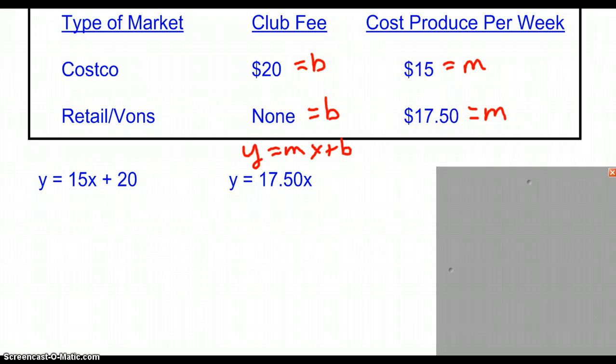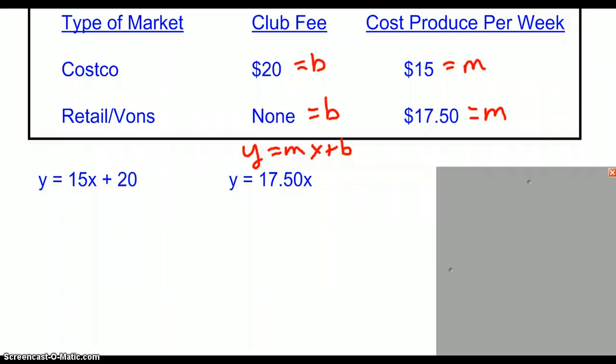So these two equations represent what's going on at these stores, and now we want to find out when these two equations are equivalent. So we can take 15x plus 20, which equals y, and set it equal to 17.50x, which also equals y.